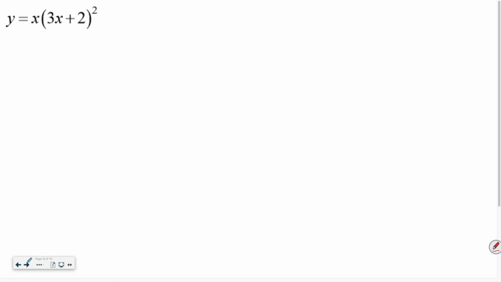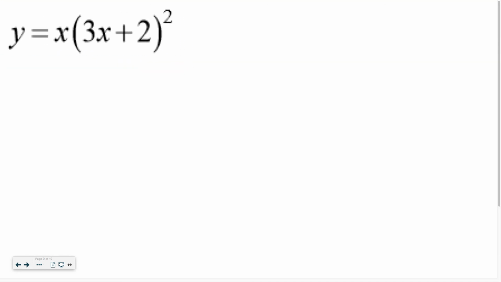All right, last example. Does this look like a times x to the power? It does not. So what you're going to have to do is multiply that all out so we have individual terms, and then we can apply the power rule.